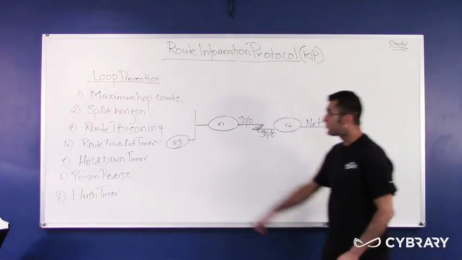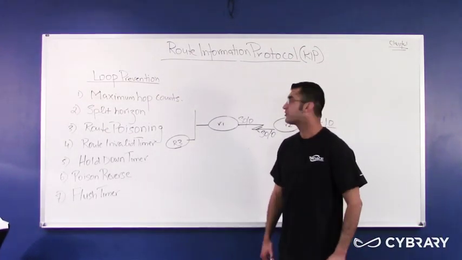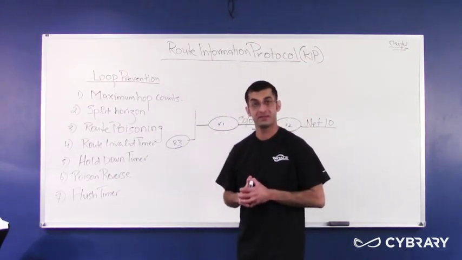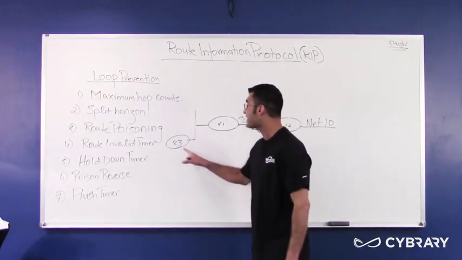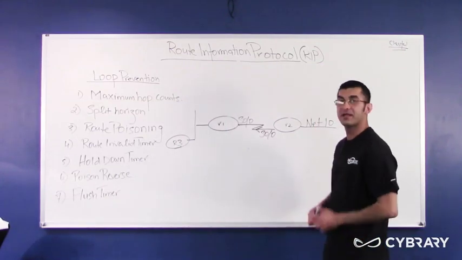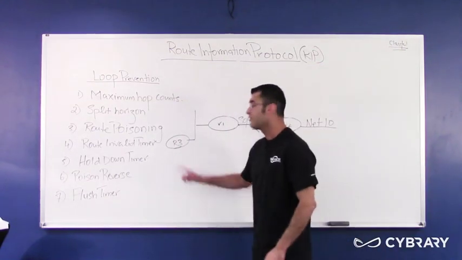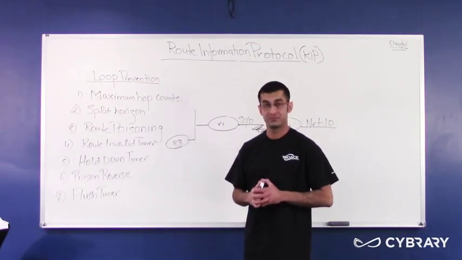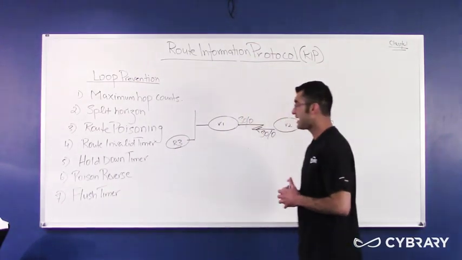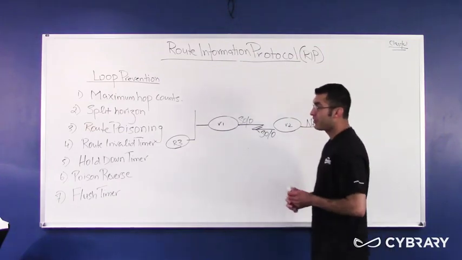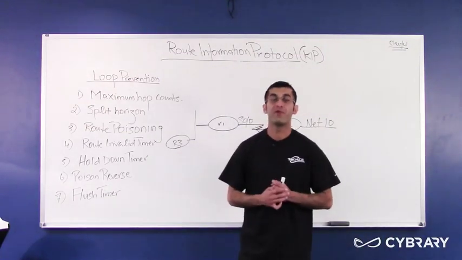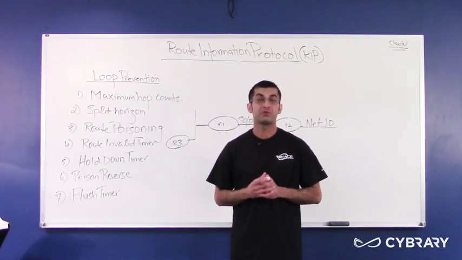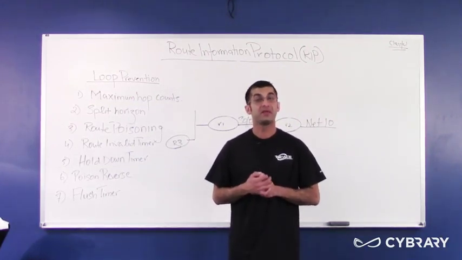Well, router 3 will wait the length of the route invalid timer, which for RIP is 180 seconds, and if it does not hear about network 10 in 180 seconds, router 3 will mark that network as possibly down and stop routing to it. So once again, the route invalid timer is the length of time a router will wait to hear a routing update from an upstream router before declaring that route to be possibly down and stopping any routing towards it.